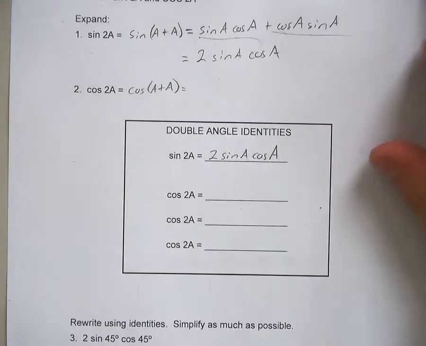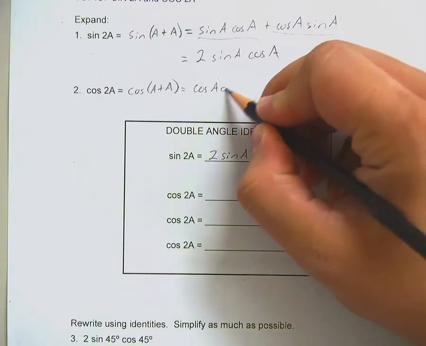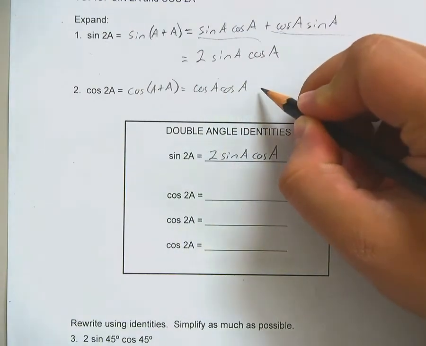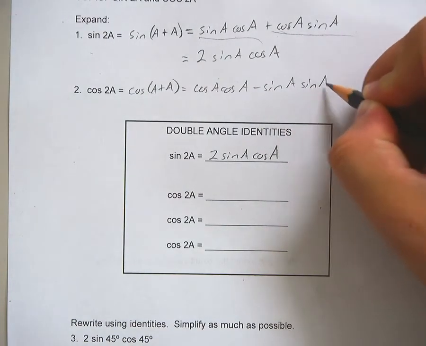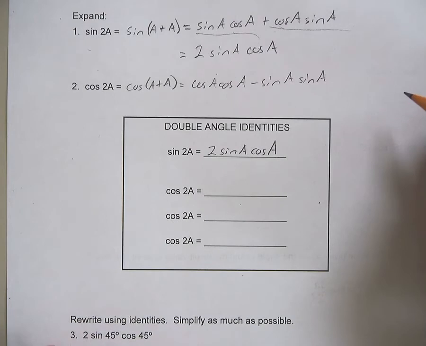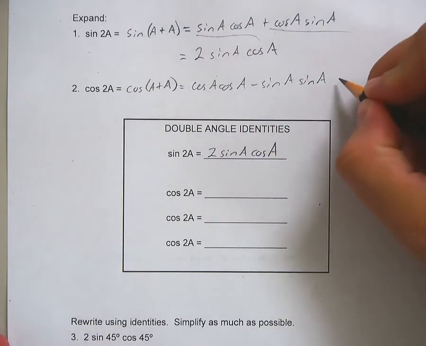So cosine of a plus a is going to be cosine of a cosine of a minus sine of a sine of a. This is where the first one comes from.